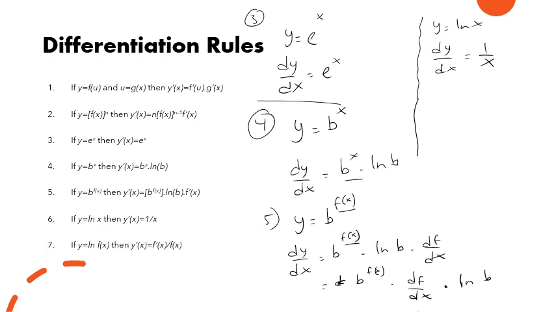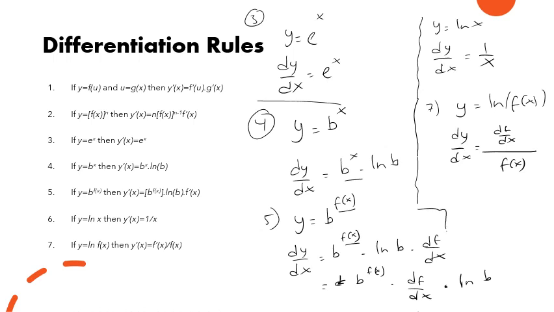And the seventh is, if y is ln function of x, then dy/dx here is df/dx over function of x. Okay, I will go down with some examples.